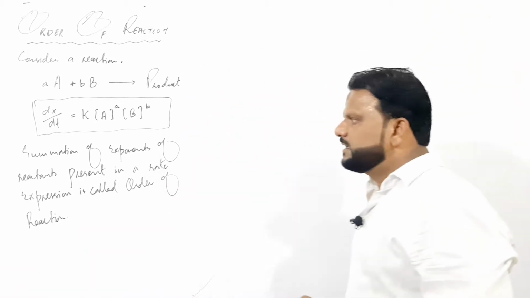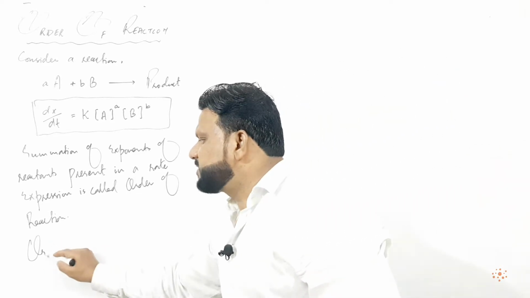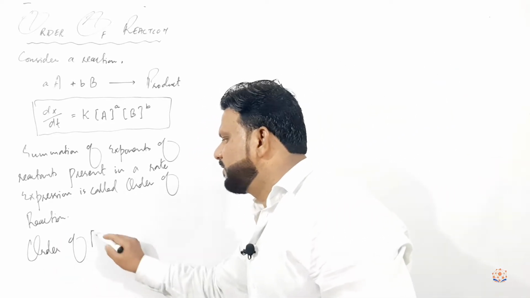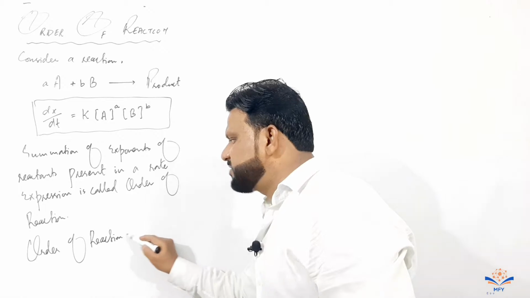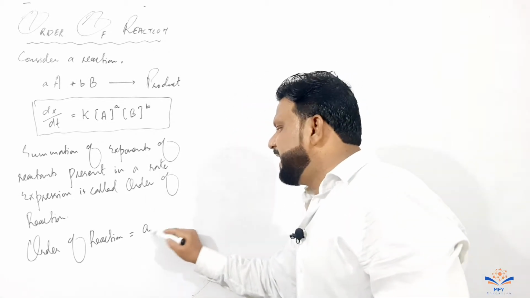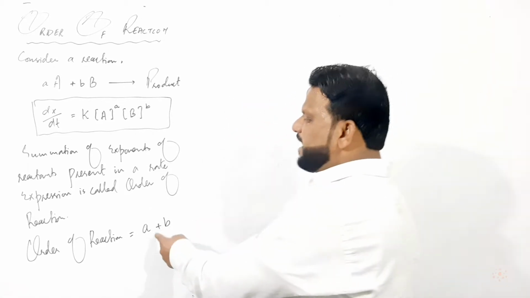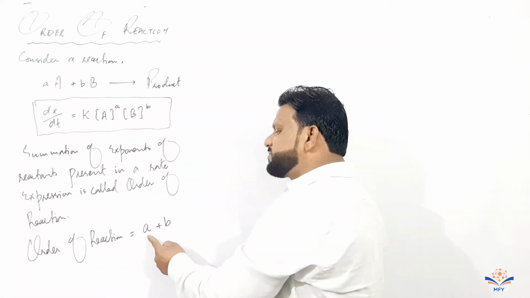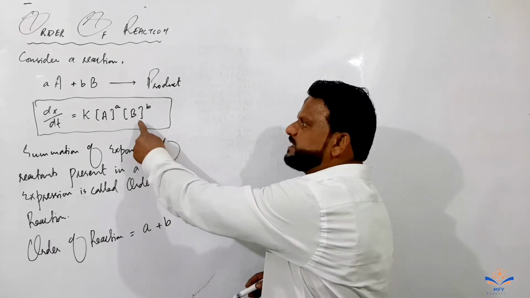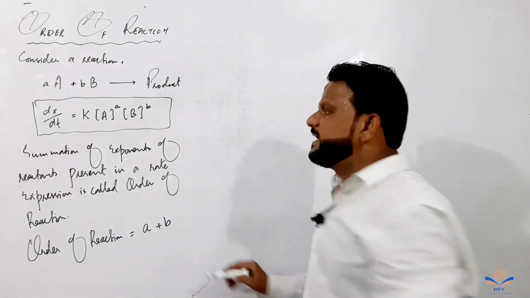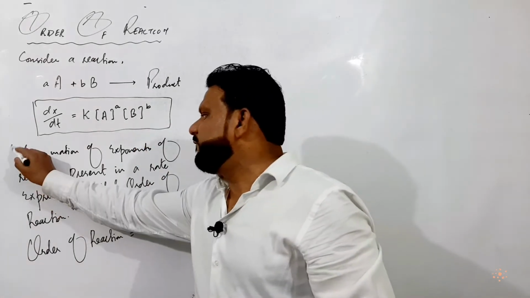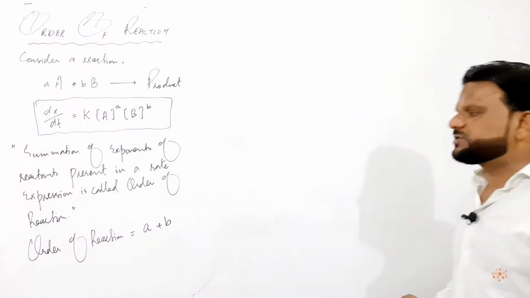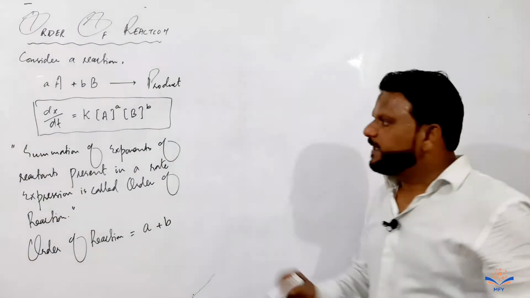It means that order of reaction from the given definition can be written as a plus b. A and b are the coefficients of reactants. Summation of coefficients of reactants present in a rate expression is called order of reaction. The order of reaction is a plus b.